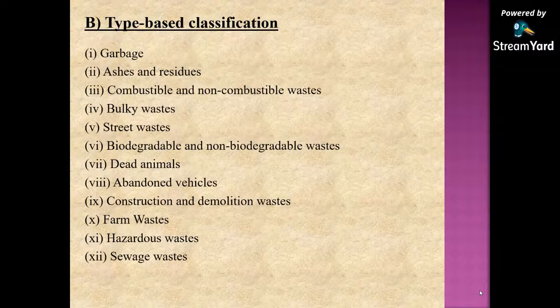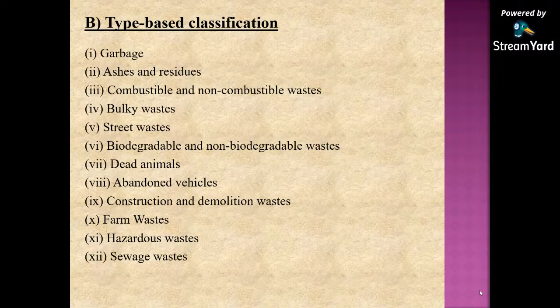Next type-based waste is hazardous waste. Hazardous wastes are those wastes of industrial, institutional, or consumer origin that are dangerous to human beings and the environment. This is due to their physical, chemical, biological or radioactive properties like ignitability, corrosivity, reactivity, and toxicity.